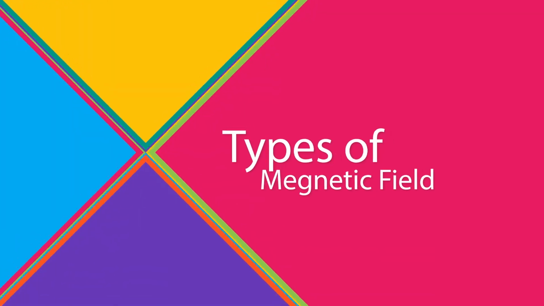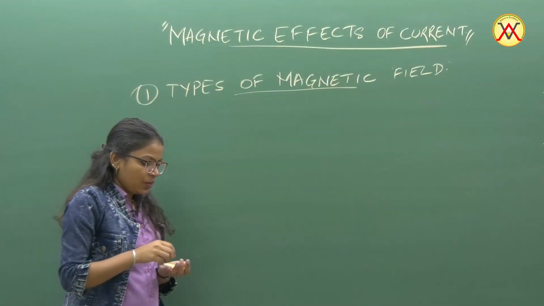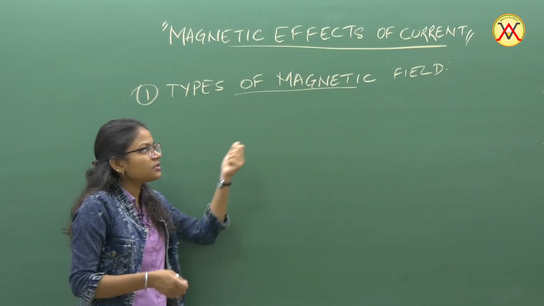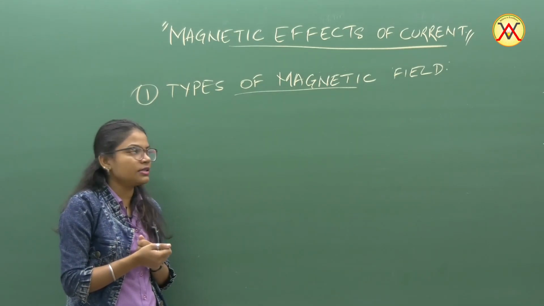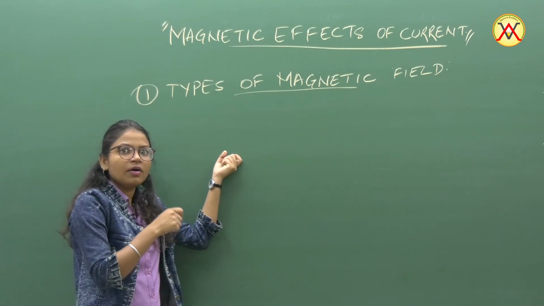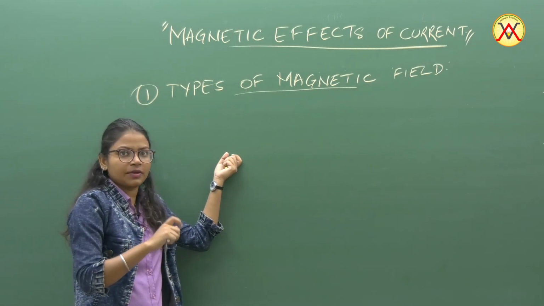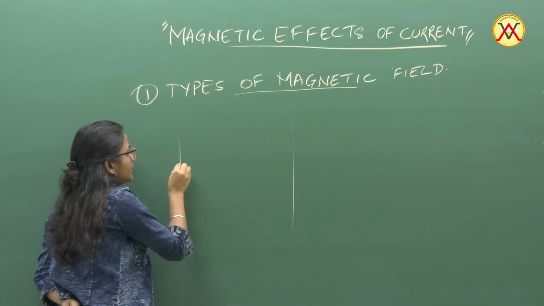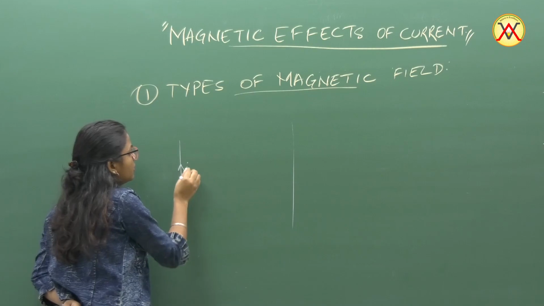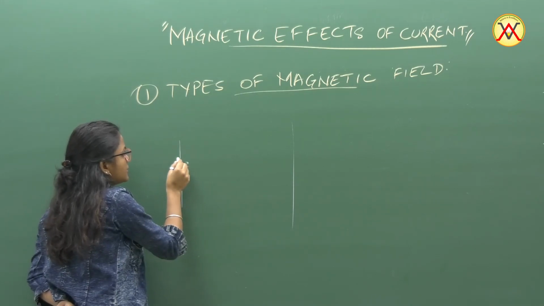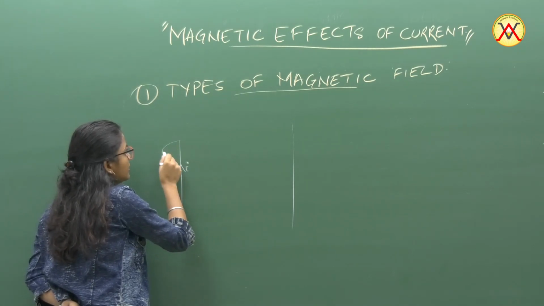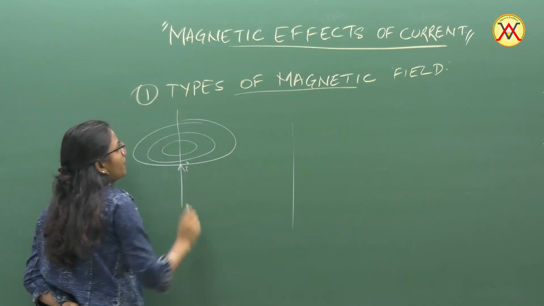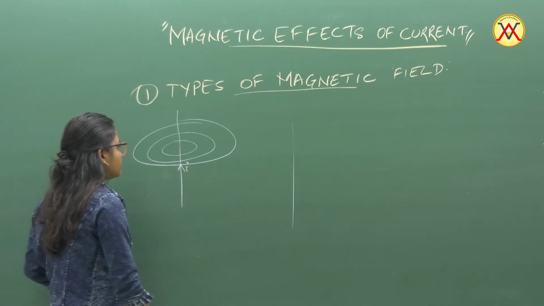First one, types of magnetic field. What we are focusing on here is the magnetic field due to any current carrying conductor, which is uniform or increasing or decreasing. If the current in any conductor is fixed, then the magnetic field formed around this conductor will be a uniform magnetic field.